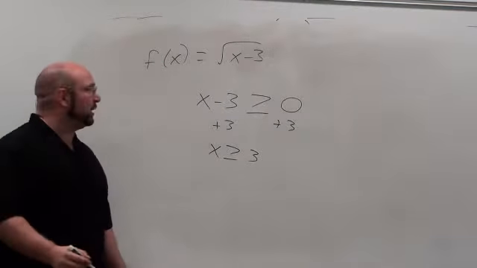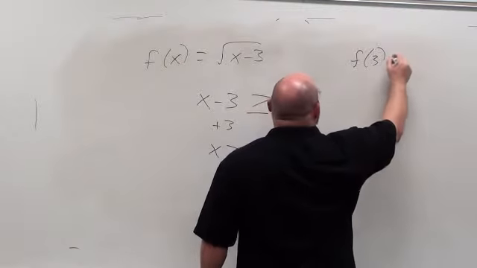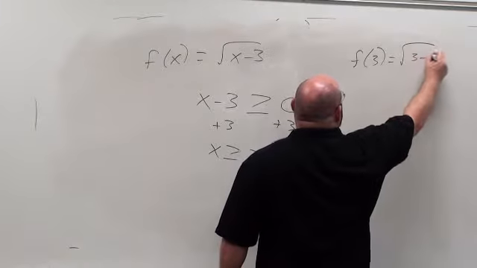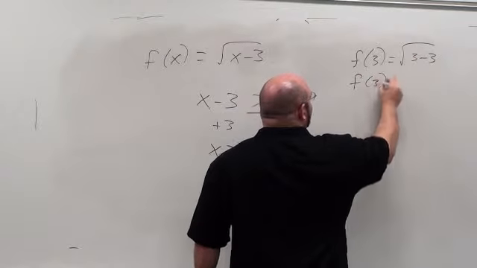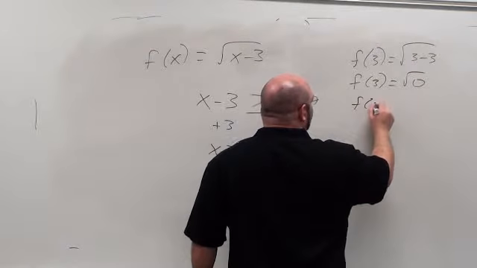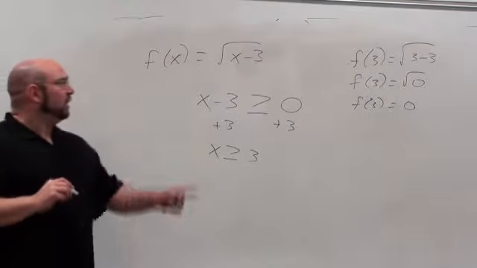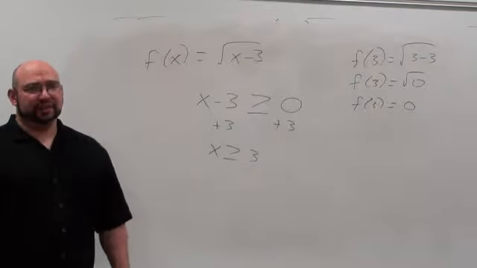And this makes sense to me because f of 3 is equal to the square root of 3 minus 3. f of 3 is equal to the square root of 0. f of 3 is equal to 0. So I know that when x is 3, my y is 0.